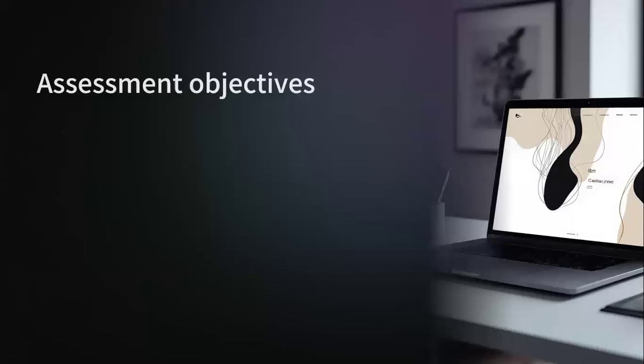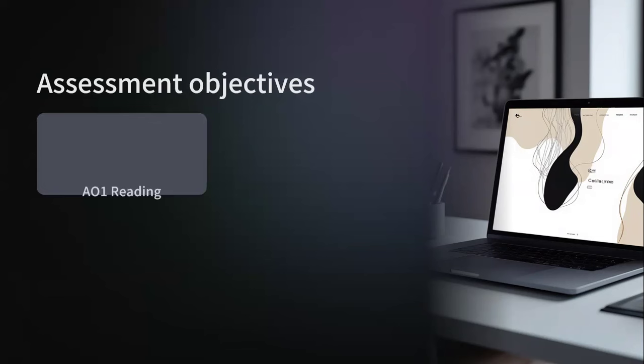Now, let's talk about the assessment objectives. What are the basic assessment objectives? As I have mentioned earlier, this syllabus is going to cover all four basic areas of your English language, which are reading, listening, speaking, and writing. So this assessment comes with four major assessment objectives. First and foremost is the assessment objective for reading.